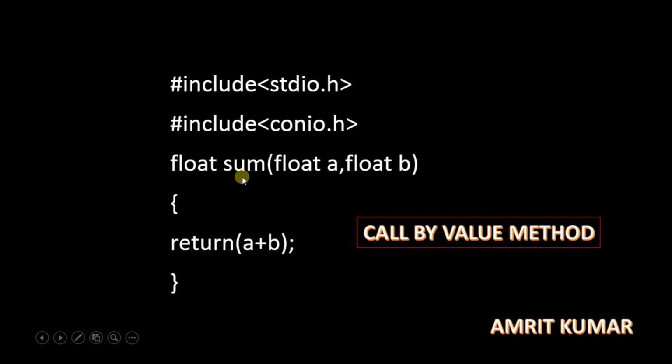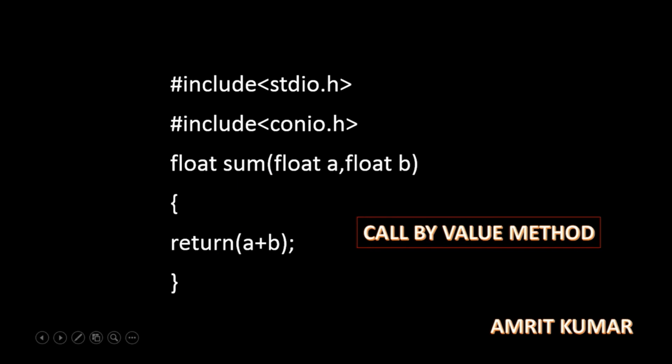So this is the sum function which is summing the two values that you can see here. The summation a plus b is going on, and it is going to return the value, and we have studied that it returns to where it is called. Okay, so it will return to the function where it is called.